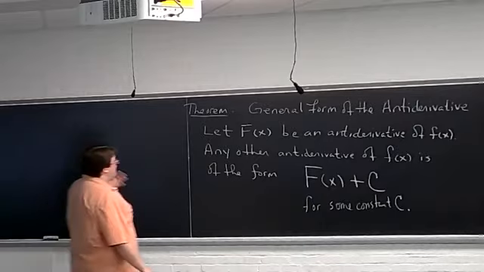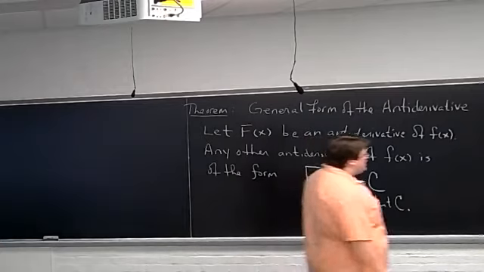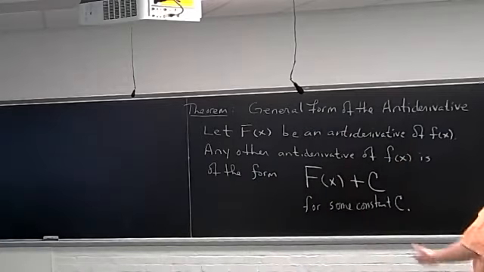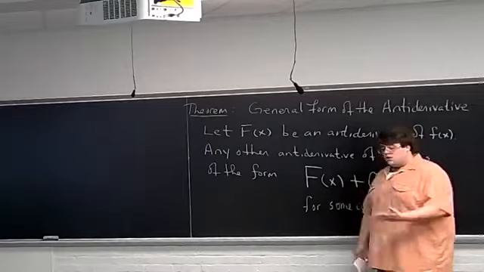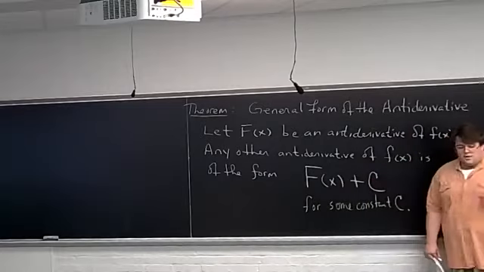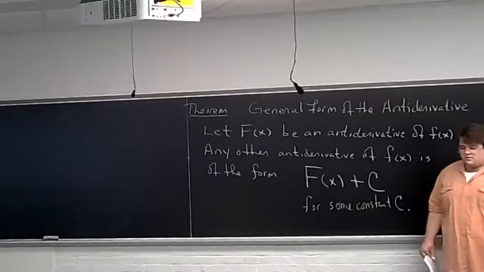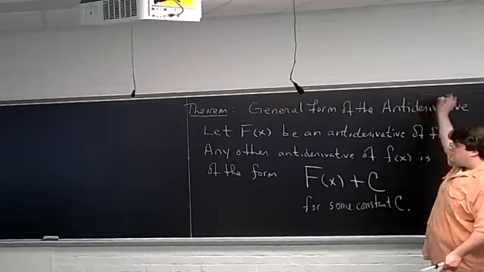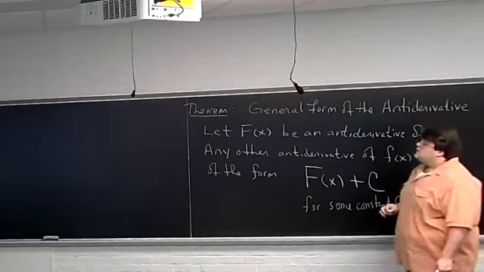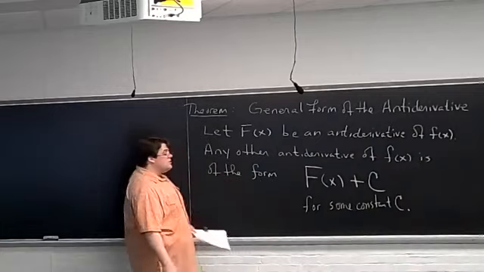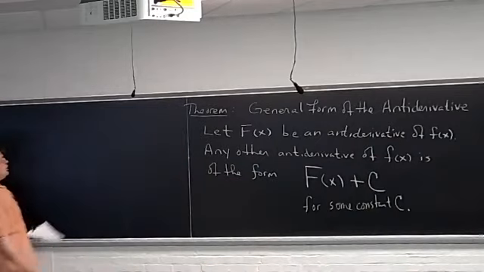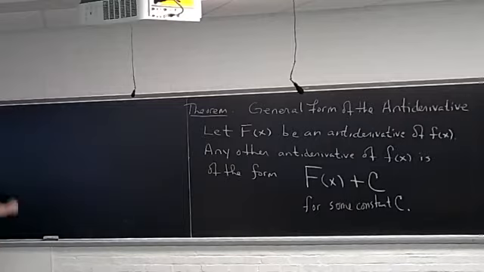This language, the general form of the antiderivative, is a little cumbersome. And it also introduces some mild confusion, because sometimes you may just want to talk about one antiderivative, sometimes you may want to talk about all of the antiderivatives. So talking about one antiderivative, you could just say an antiderivative. Talking about all of them, we're going to call it something else. And let's define that here and then do an example.